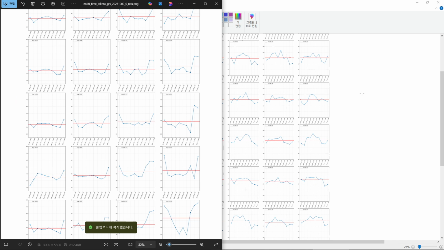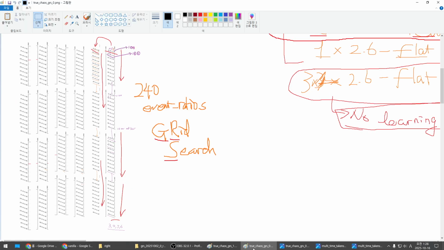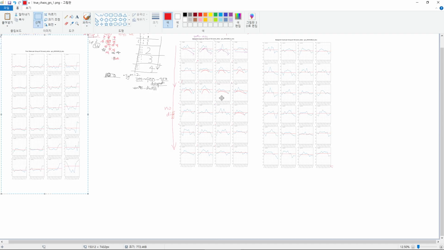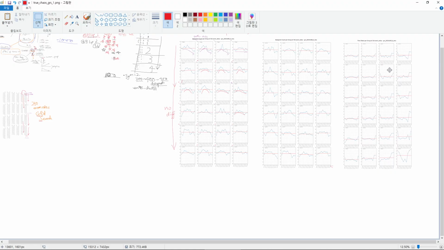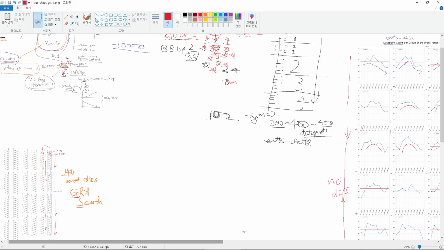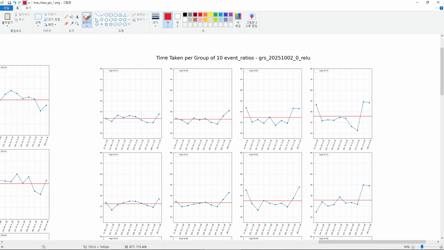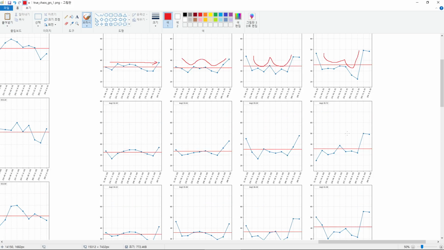Time taken. No, not that. Sorry. So here we have this pretty flat plot, and then a very mild W, somewhat of a W, weird W. This is like an S-ish.